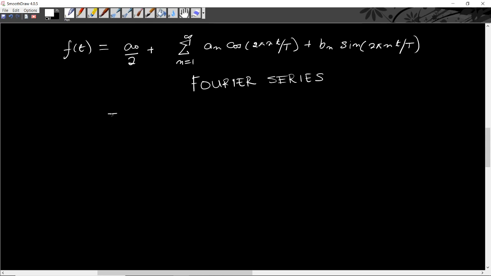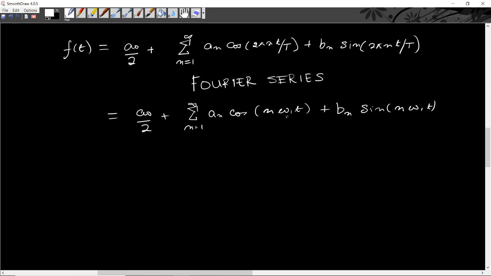Alternatively, I can also represent the Fourier series as a_n cosine n omega 1 t plus b_n times sine n omega 1 t, where omega 1 is the fundamental frequency, and that is given by 2 pi over capital T. So this spectral representation of a signal is called the Fourier series.